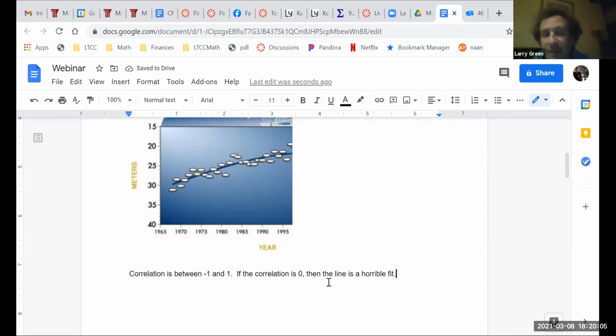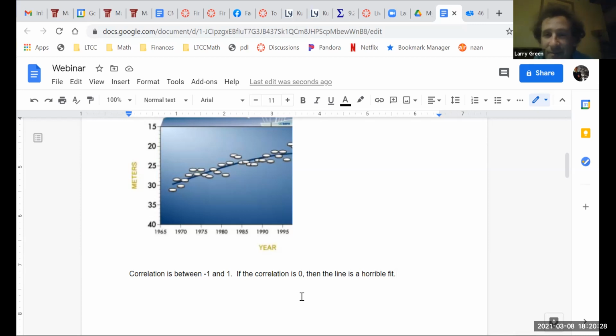The example that you all know, unless you live in New York City, is the night sky. If you look up in the night sky and you look at the stars, do you see a line?